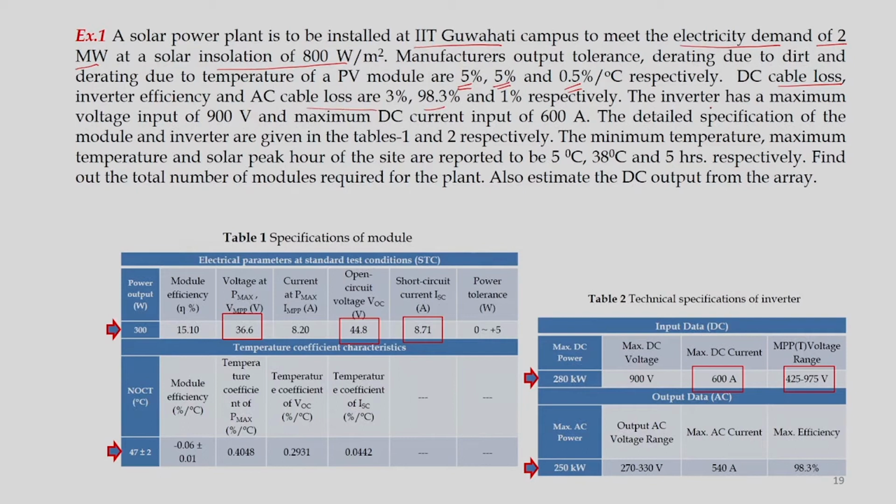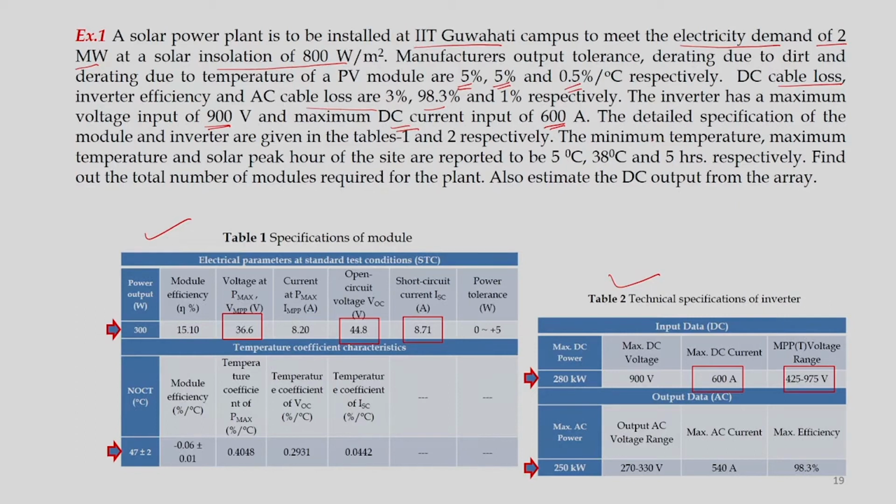The inverter has a maximum input voltage of 900 volt and maximum DC current of 600 ampere. Detailed specifications are given here, the specification of the module and the specification of the inverter.